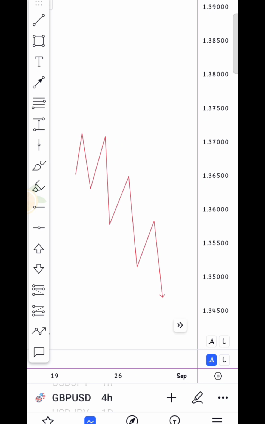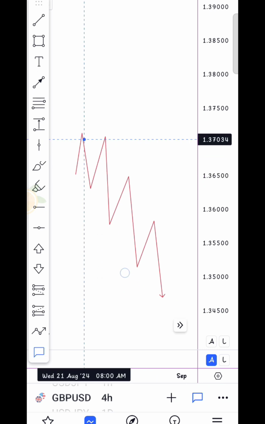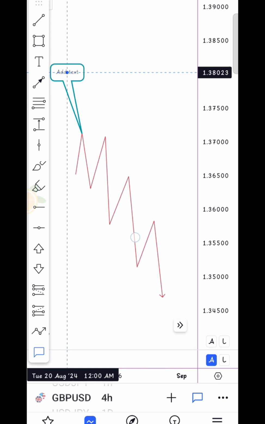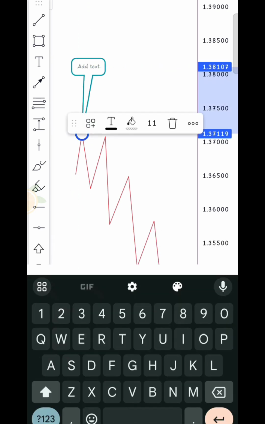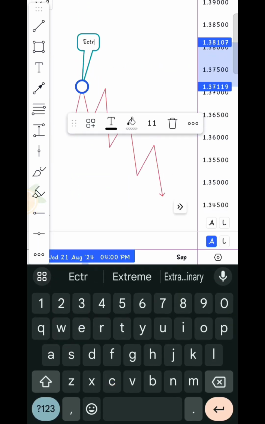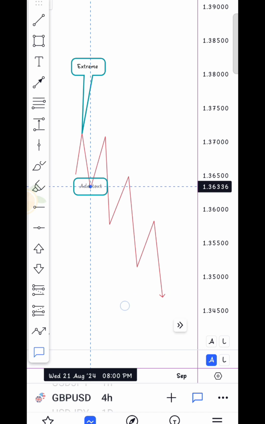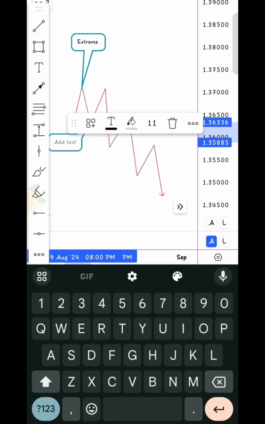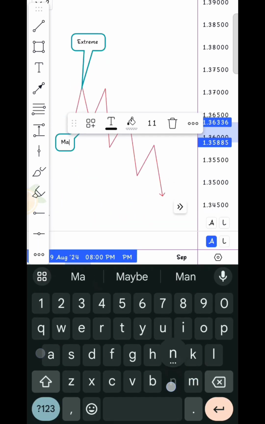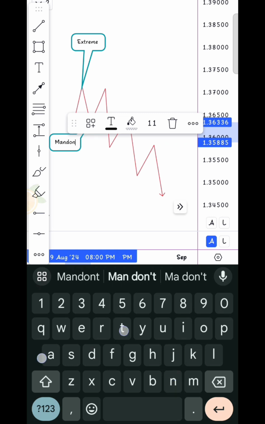So here, right about here, we shall have what we call extreme, and then right here we shall have mandatory TP.